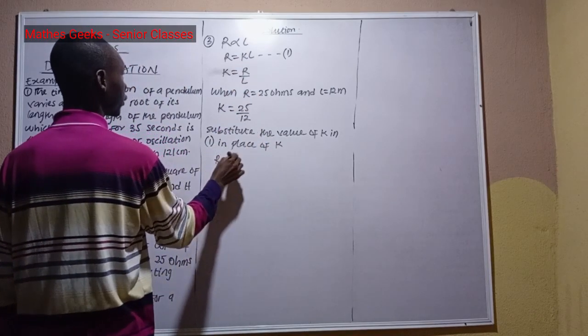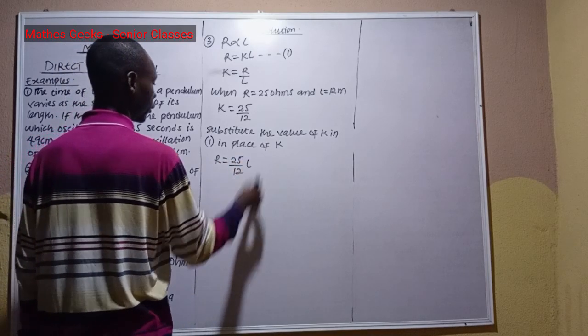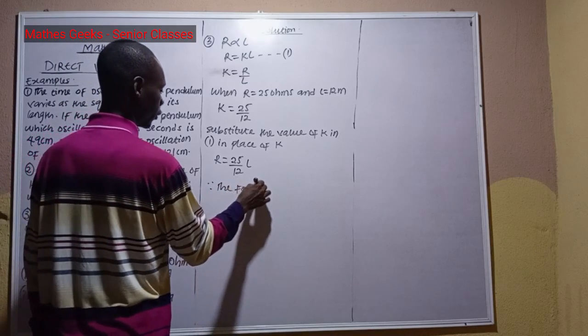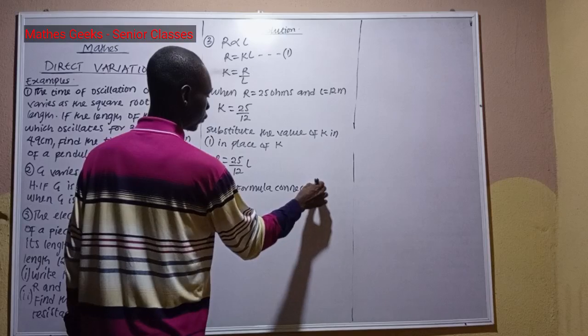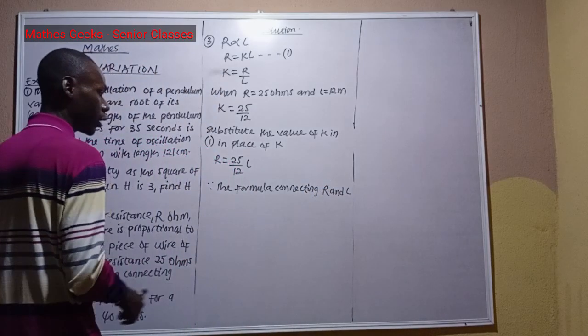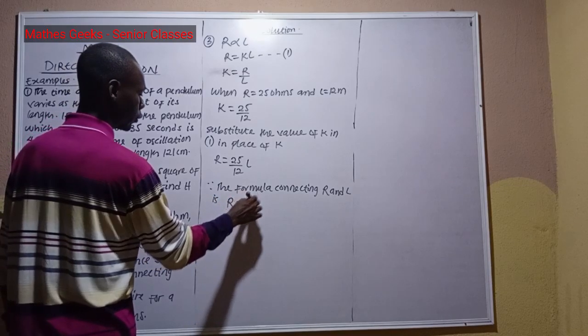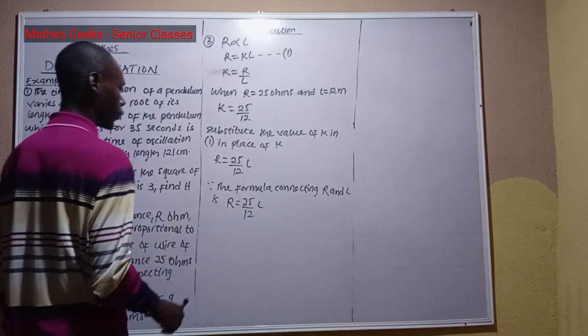So R is equal to 25 over 12 L. Therefore, the formula connecting R and L is R equals 25 over 12 L.